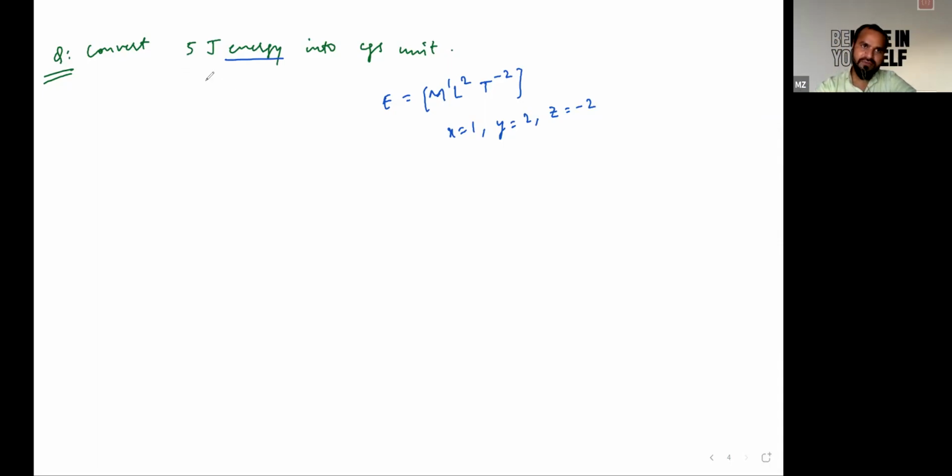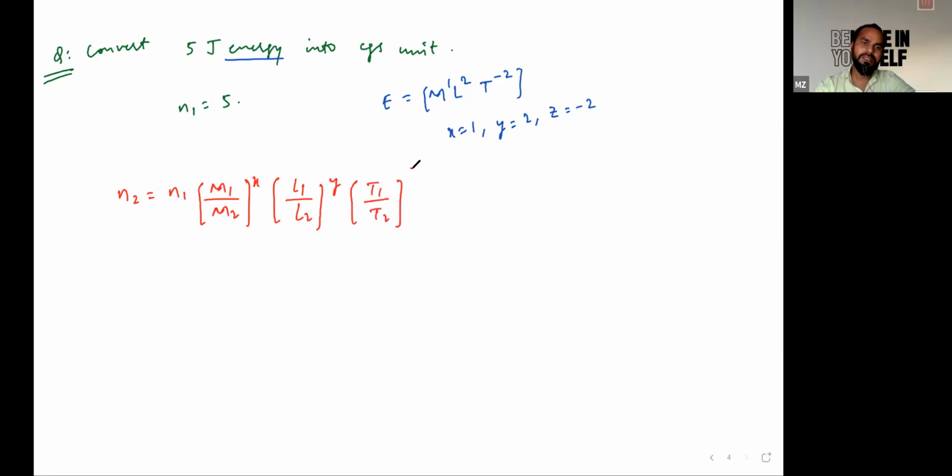Here we have 5 joule. So it means N1 is equal to just 5. Now, put all the values in terms of N2. Good, Rishan. N2 is equal to N1 times (M1 over M2) to the power X, (L1 over L2) to the power Y, and (T1 over T2) to the power Z. N1 is nothing but 5.